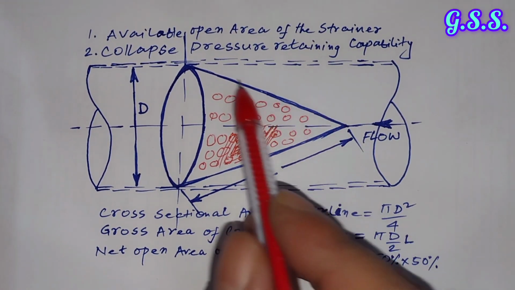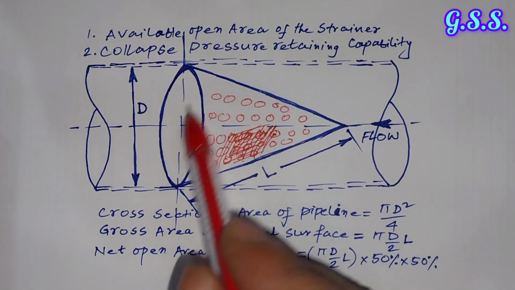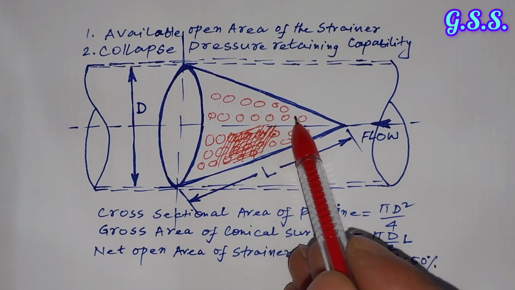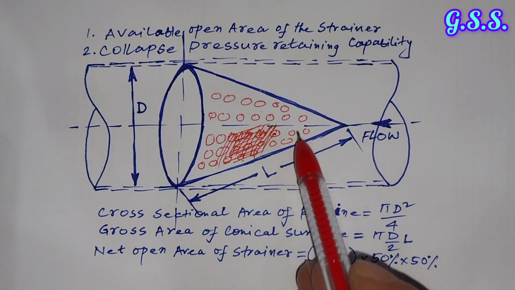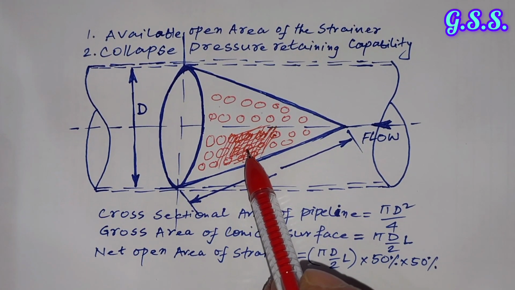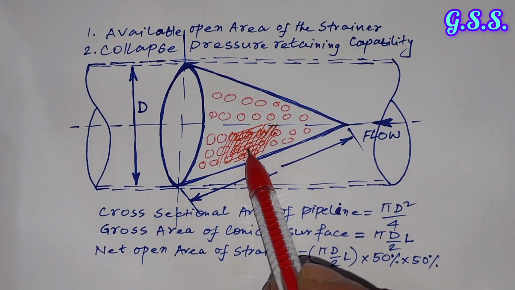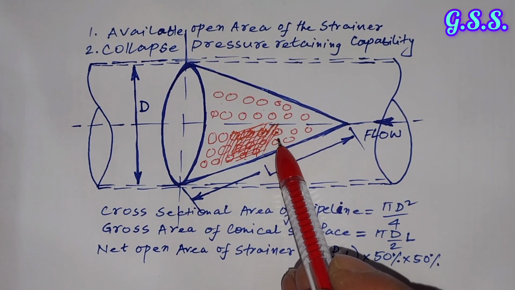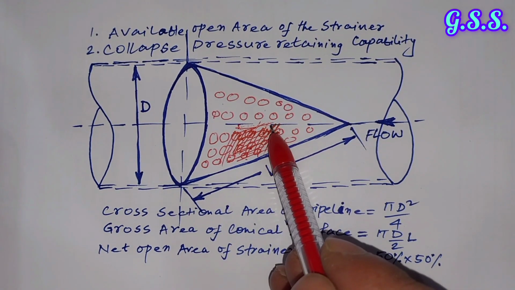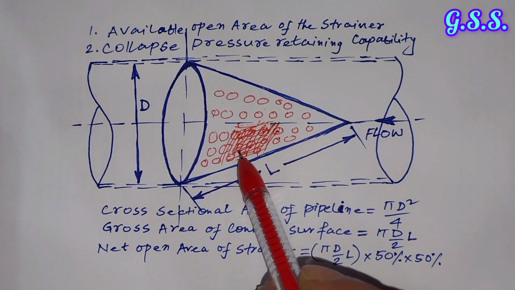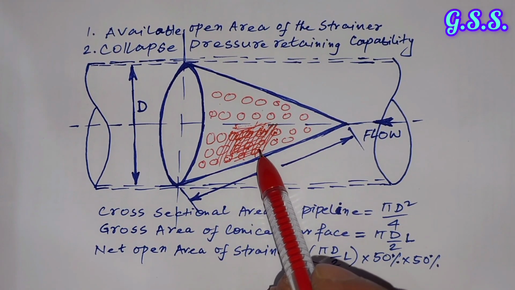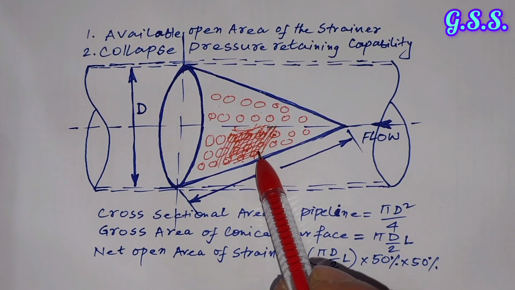Now, what will be the open area of this cone? For this perforated sheet or perforation, about 50% open area will be there and 50% area is blocked. And for this screen or wire mesh, about 50% area will be open and 50% area will be blocked.